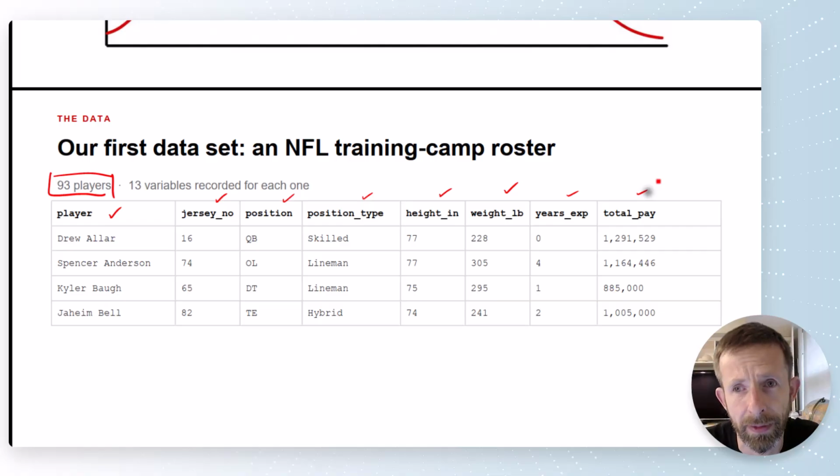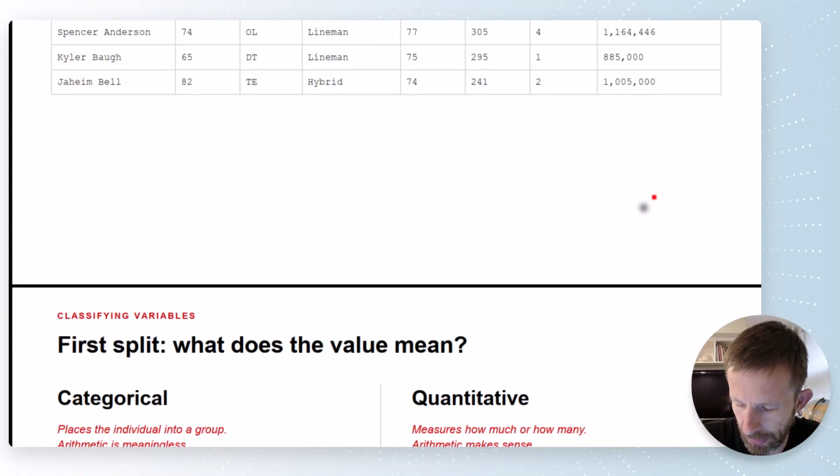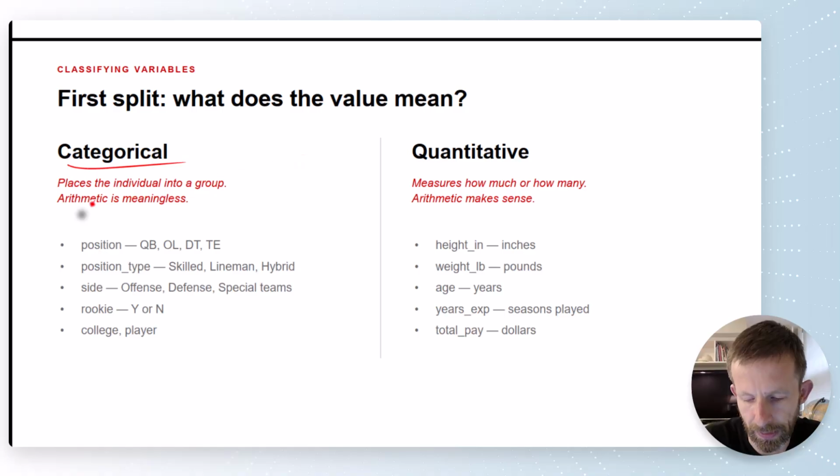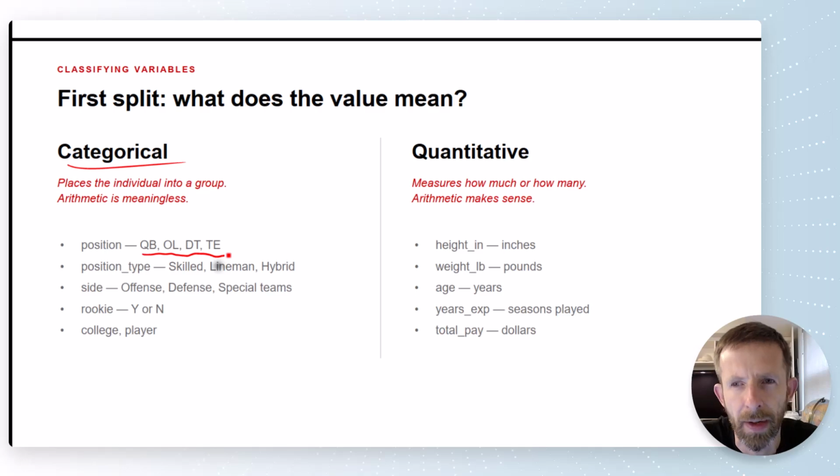And we want to be able to classify each of these variables. So categorical is pretty much puts people into groups. You can't do arithmetic on that. So for example, position, quarterback, offensive lineman, defensive tackle, tight end, it doesn't make sense to average people's positions.